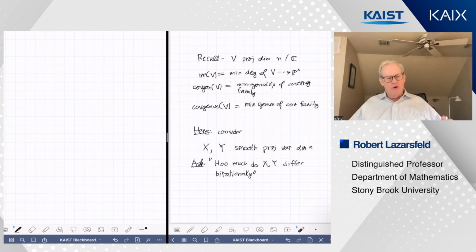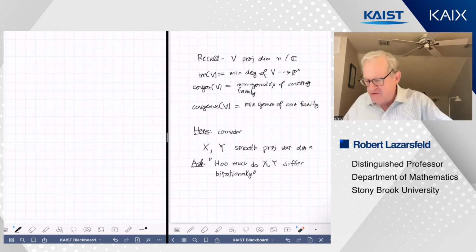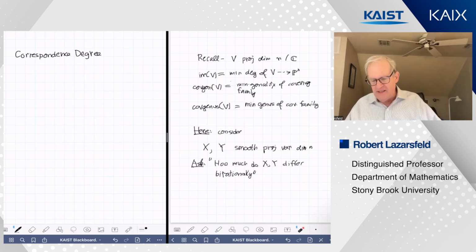In the same way here, there are going to be two kinds of invariants. Let me start with the correspondence degree, which is the thing closest to the degree of irrationality.